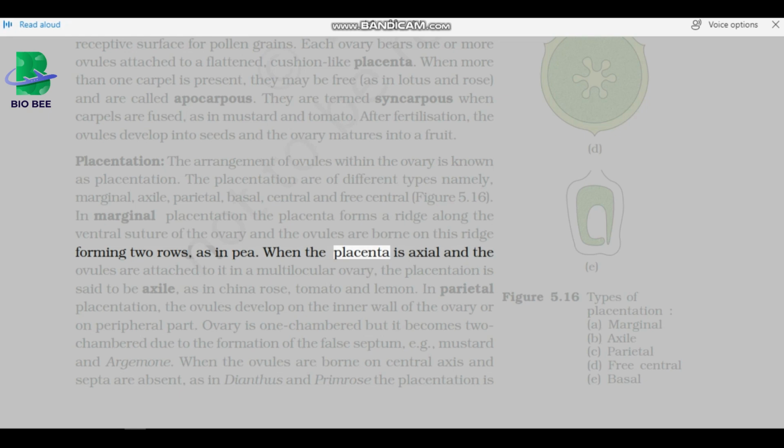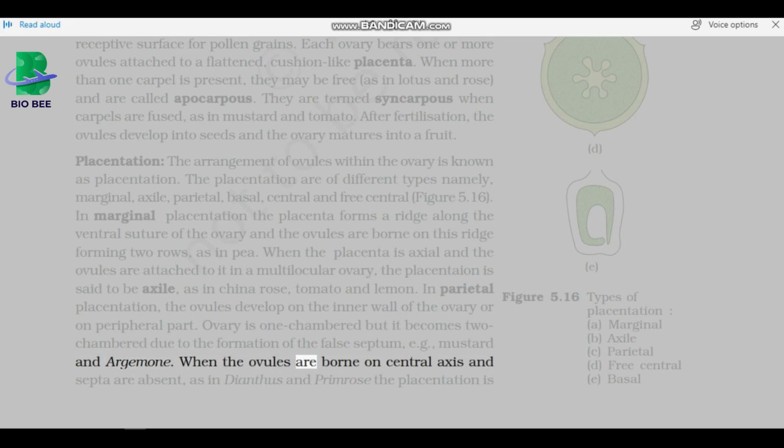When the placenta is axial and the ovules are attached to it in a multilocular ovary, the placentation is said to be axial, as in China rose, tomato and lemon. In parietal placentation, the ovules develop on the inner wall of the ovary or on the peripheral part. Ovary is one-chambered, but it becomes two-chambered due to the formation of the false septum, for example, mustard and argemone.